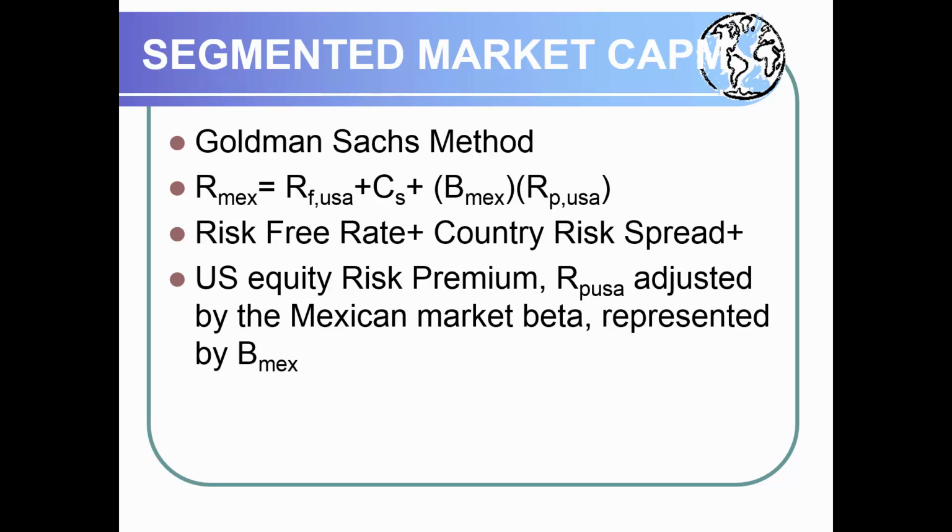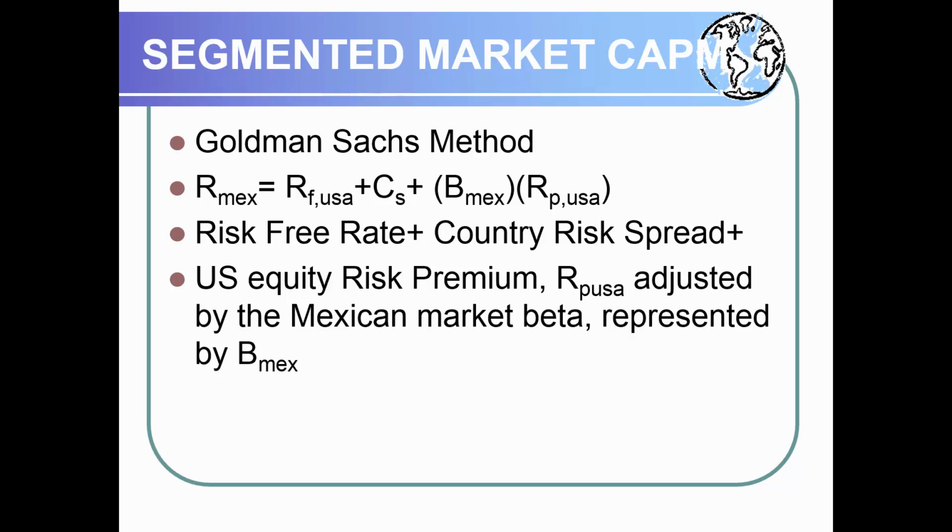The country spread would be the yield to maturity of bonds issued by the Mexican government, which represents the country risk for Mexico, minus the yield to maturity of bonds issued by the US government. So basically the difference between these two yields to maturity is a measure of the additional risk of going to Mexico. So we are talking about country risk.